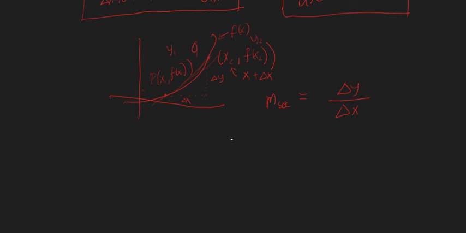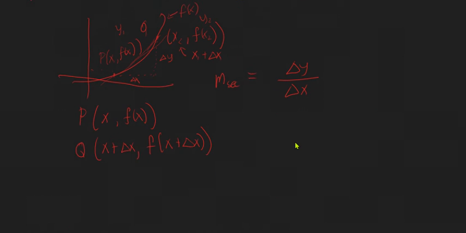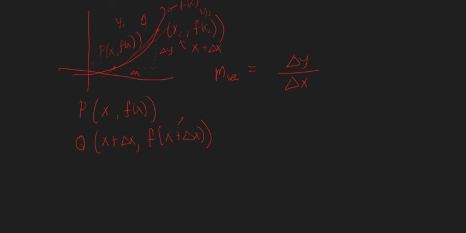If I call point P at point x, and the ordinate is f of x, then point Q is at x plus delta x, and the ordinate will be equal to f of x plus delta x. Then we need to substitute this here. Our y2 will be this one, and this will be our y1.